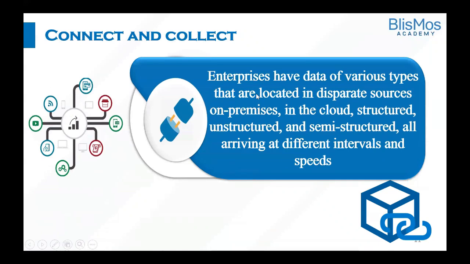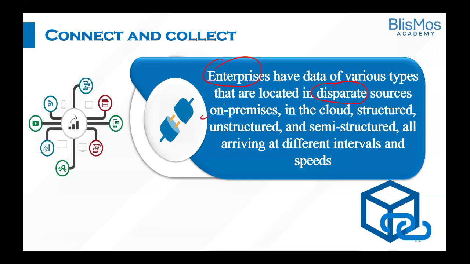Now, what is connect and collect? Anyone? It is there in the words itself. Connect and collect. Connect with different data sources and collect the data. When you are talking about companies or enterprises or businesses, they have different types of sources. Any companies, such as Amazon, Google, Bank of America, Allstate or Capital Group, tend to have different types of data, located in disparate sources.